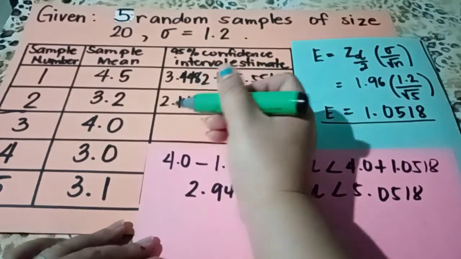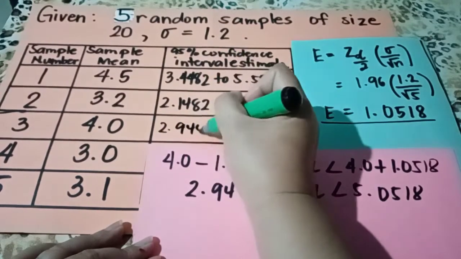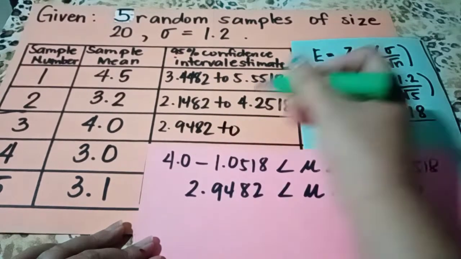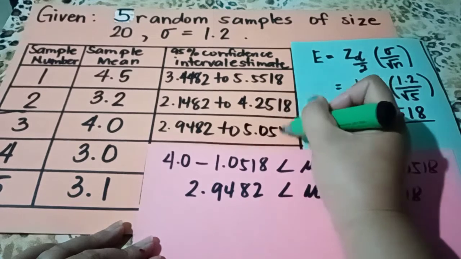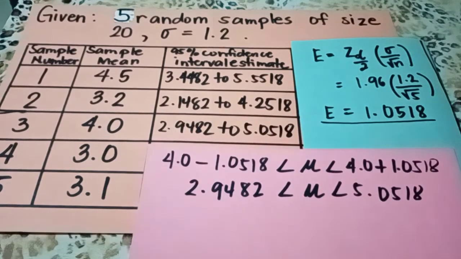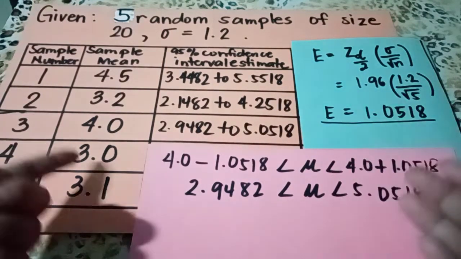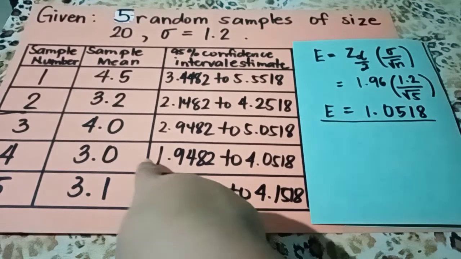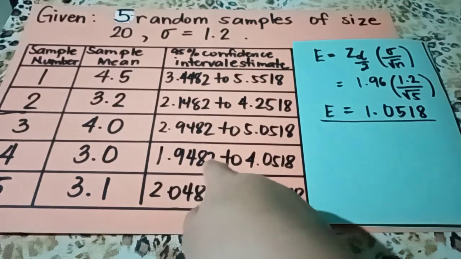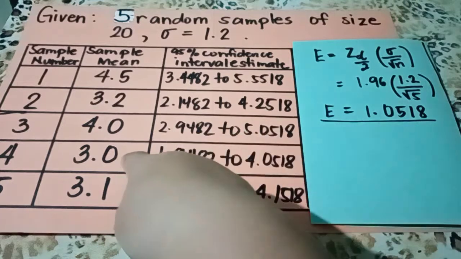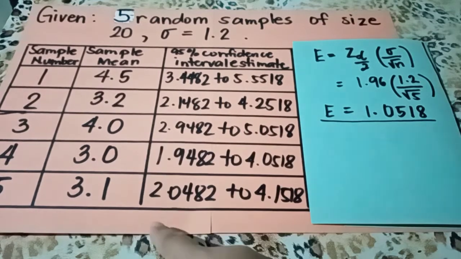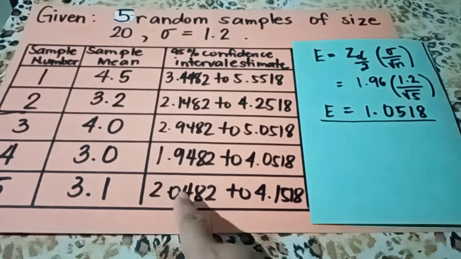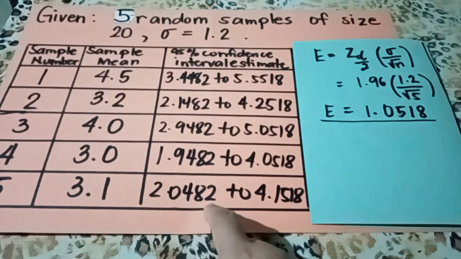So this is 2.9482 up to 5.0518. Okay? And then continue the same process for 3 and 3.1. As we continue the same process, we arrive at 1.9482 to 4.0518 when your sample mean is 3.0. And when your sample mean is 3.1, your interval estimate is 2.0482 to 4.1518.